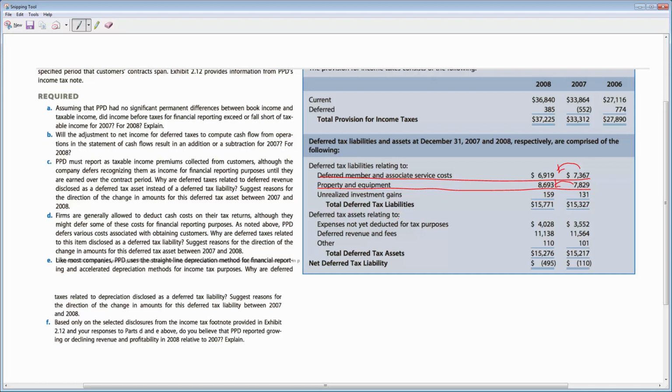So for this question, it's kind of hard to make a judgment about what happened in the company because property, plant, equipment, this factor supports that the company is expanding. But these two factors and what we discussed before, deferred revenue fees, actually show us the company's sales decreased. It's kind of a conflict between these two pieces of information.